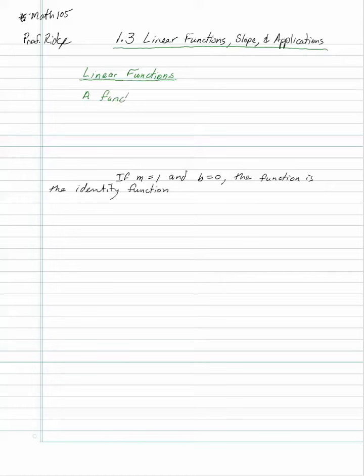So a function f is a linear function. Linear, right? The graph makes a line. Also, we can think of it as degree 1, if we're thinking of it as a polynomial.